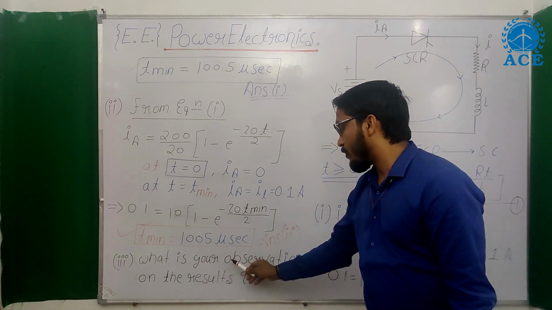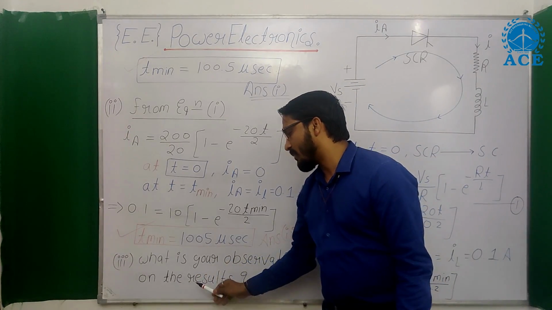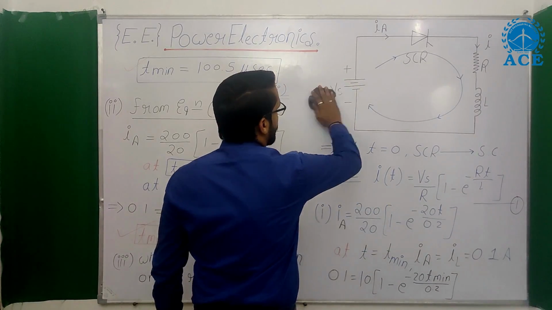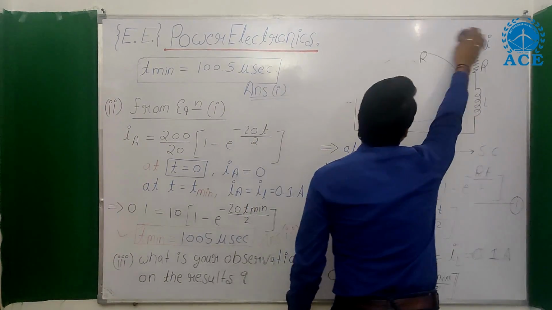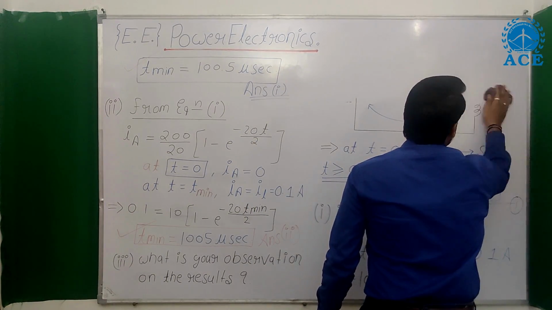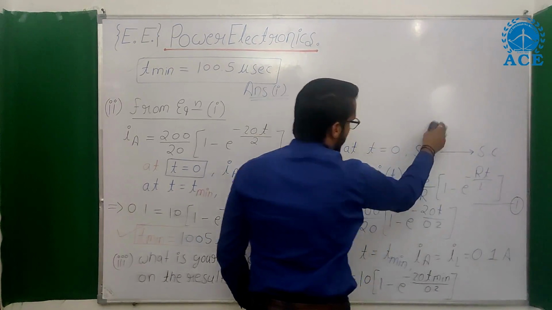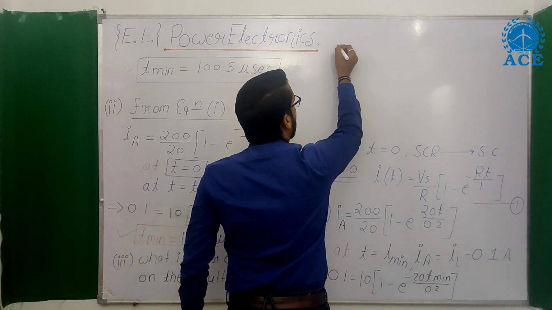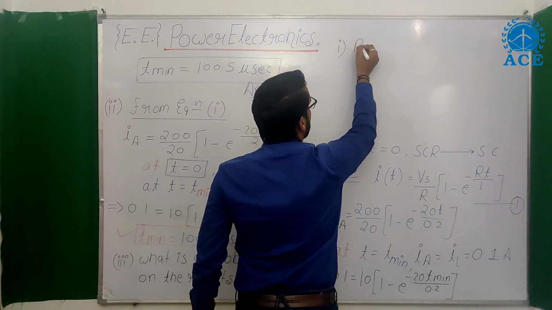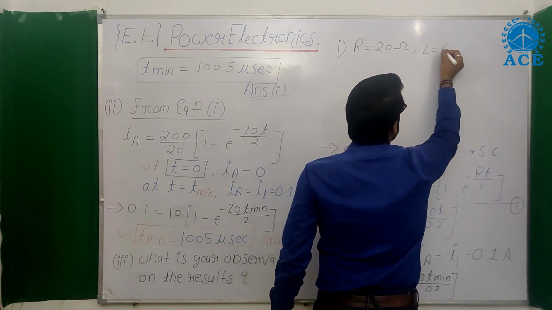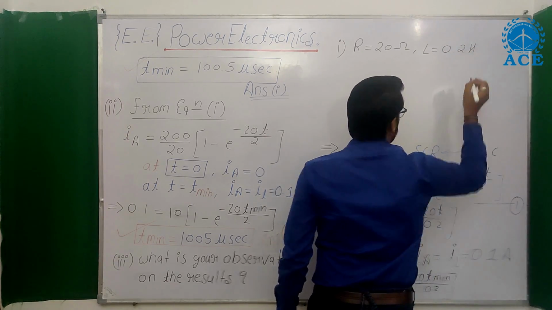What is your observation on the result? I want to give you the observation here. In the first bit, everything is the same as in the second bit except the value of inductance. In the first bit, the value of R given was 20 ohm and L was 0.2 Henry.